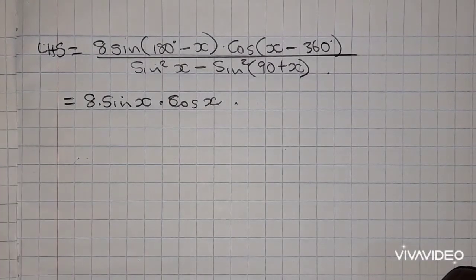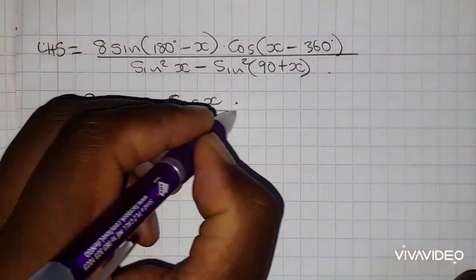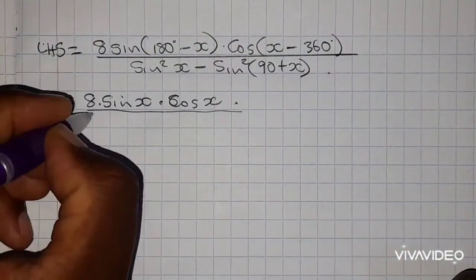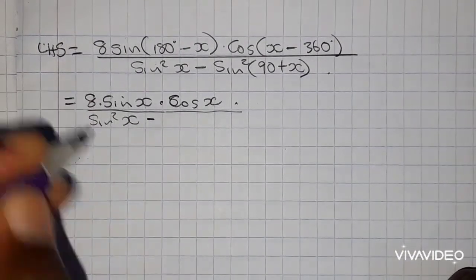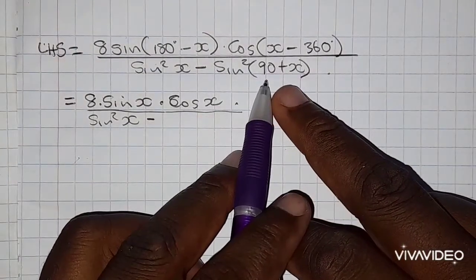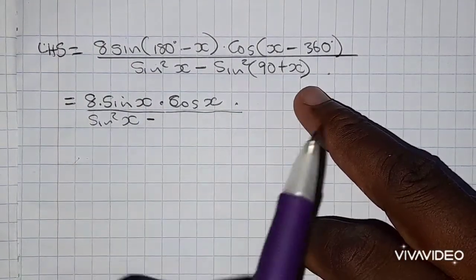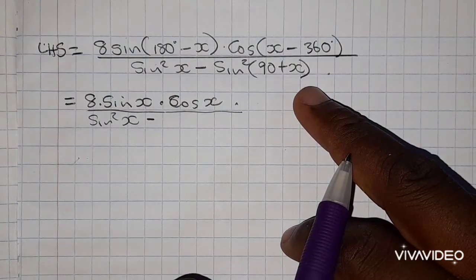So we have cos x all over sine x squared minus, now this one, sine (90 plus x) squared. This is a co-function or co-ratio.